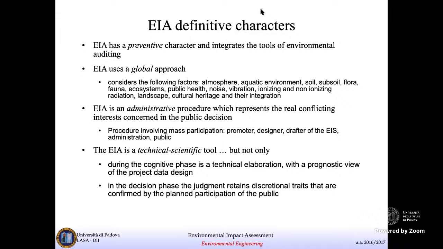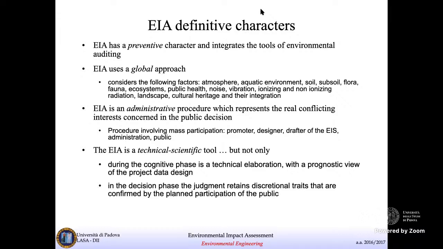Environmental impact assessment is an administrative procedure which represents the real conflicting interests concerning the public decision. So it is a procedure involving mass participation: the promoter, the designer, the drafter of the environmental impact study document, the administration, and the public as well.